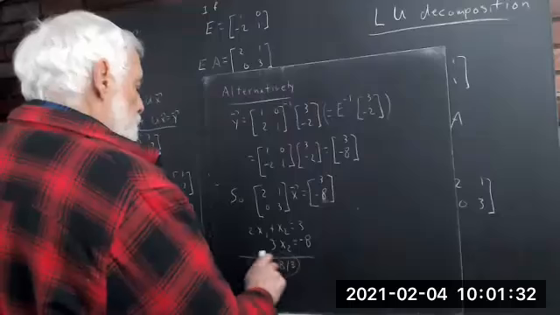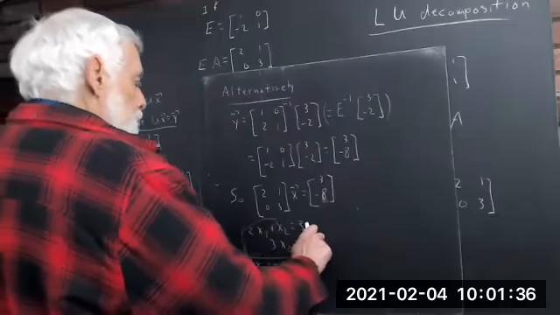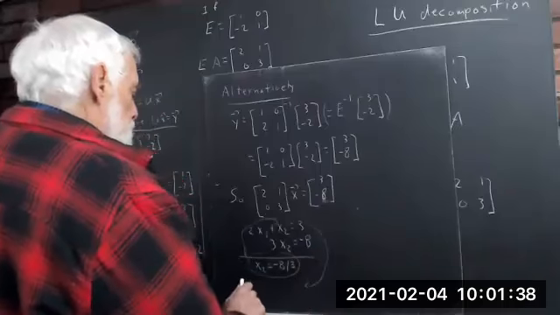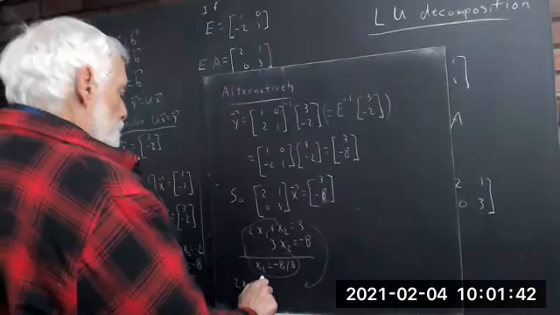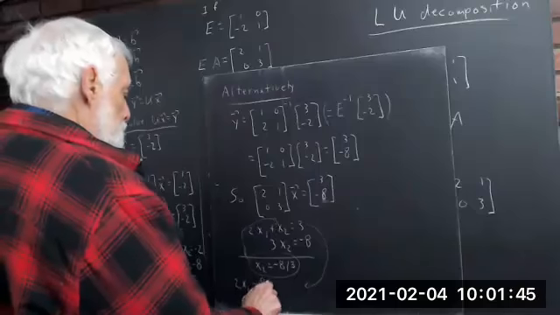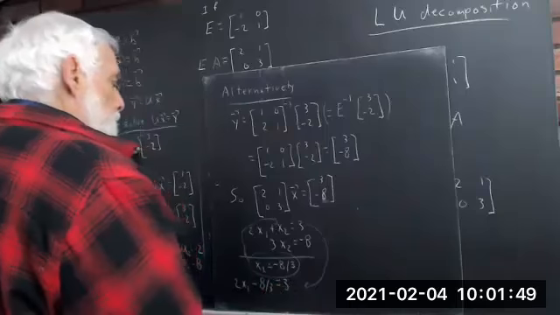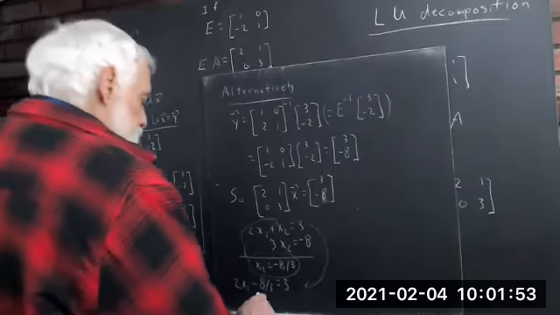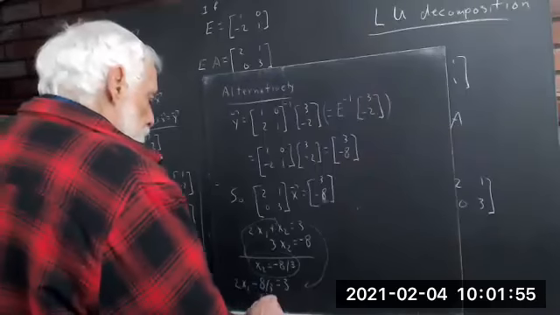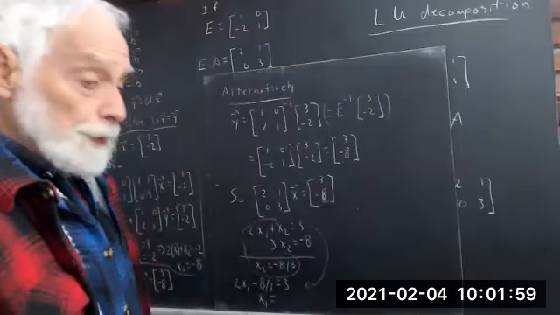We take that, substitute it up here, and that gives us the equation 2x1 minus 8/3 equals 3. So that arithmetic is simple enough, so I'll probably mess it up. But we add 8/3 to both sides.